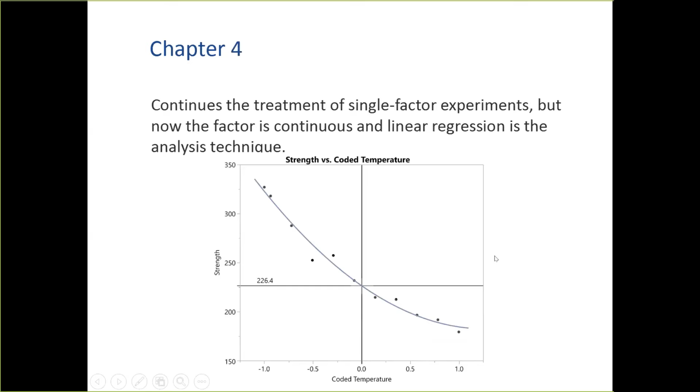So Chapter 4 is still about one-factor experiments, but instead of the factor being categorical, in this case the factor is continuous. And that means that it can vary across a range of values. And so we have a motivating example in which the data are distributed rather evenly across the X space.